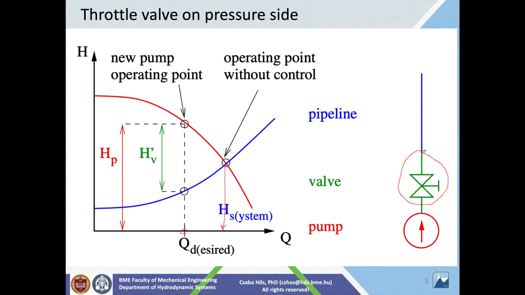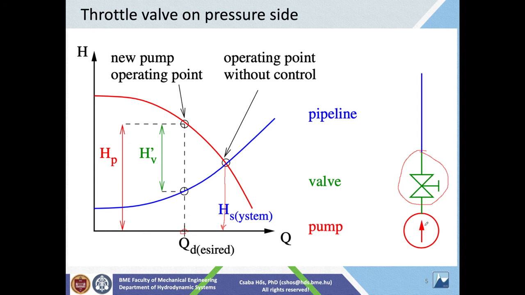Now we have three elements: a pump, a valve, and a pipeline connected in series. As I explained in the last lecture, if they are connected in series, then the flow rate is the same. So all three elements experience the same desired flow rate, which means that this is the pump operating point.